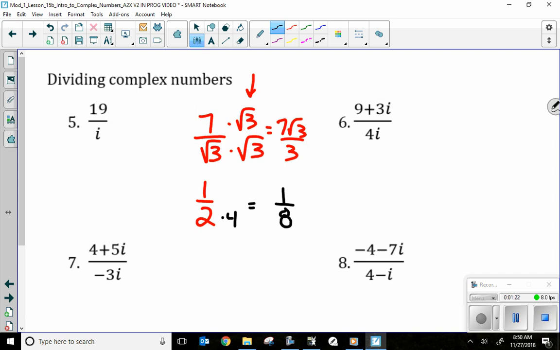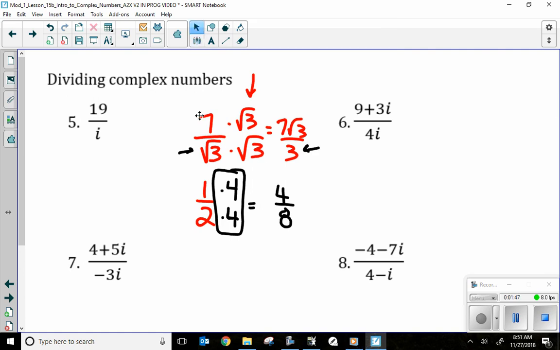But if what I did to the bottom, I also do to the top, now it is 1/2. So what I do to the bottom, I have to do to the top. That's the first golden rule here. And the second golden rule is, if I have a radical in the bottom, it is not simplified. I have to get it in a state where there is no radical in the bottom.